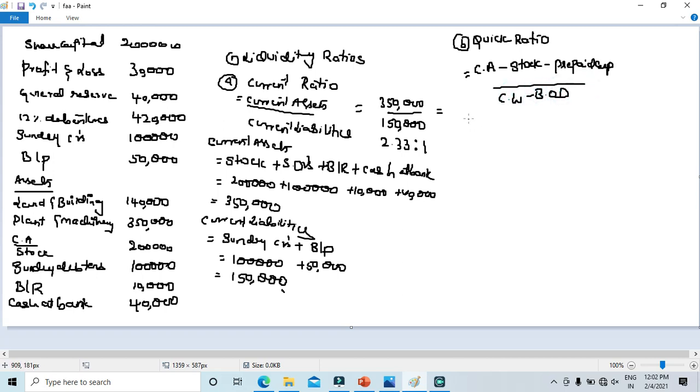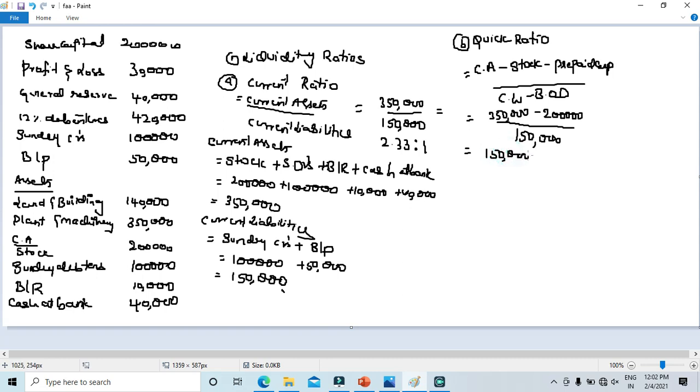The formula is cash plus short-term investments divided by current liabilities minus BOD if at all are there.